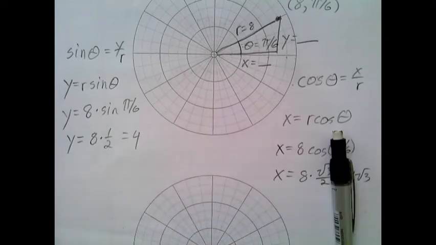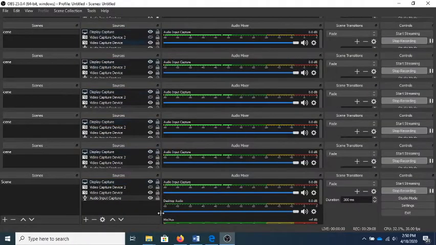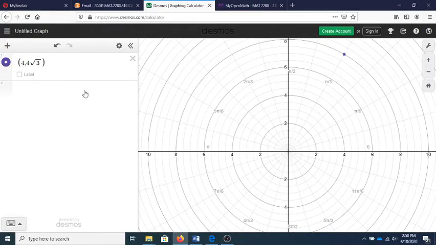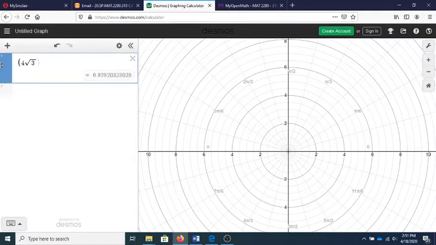Let's go over to Desmos and graph that. So let's get rid of this one. This is the one we graphed before. Now we're looking at the point 4 square root 3 comma 4. Now even though I've got the polar coordinates showing, Desmos always graphs points using rectangular coordinates.